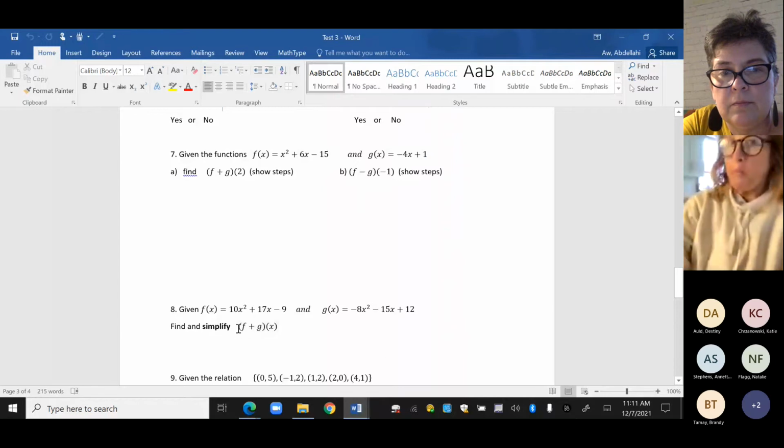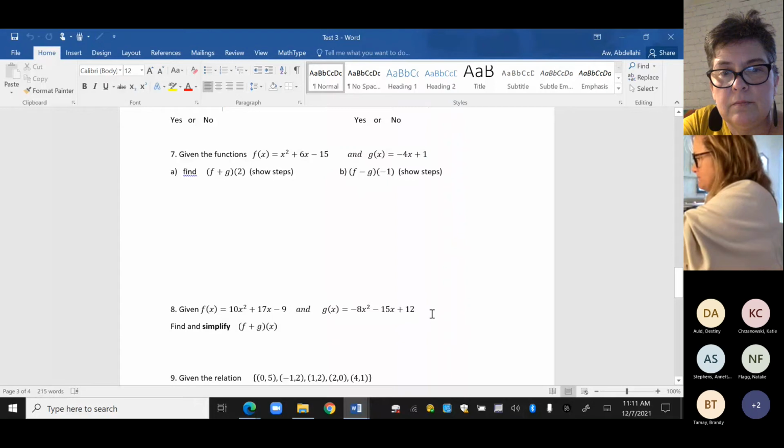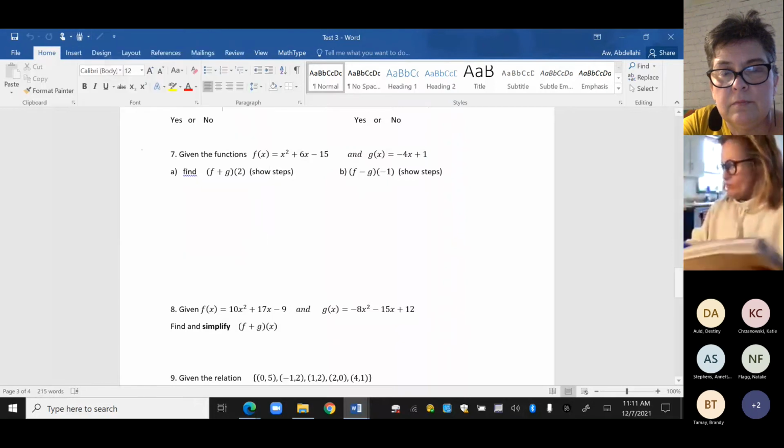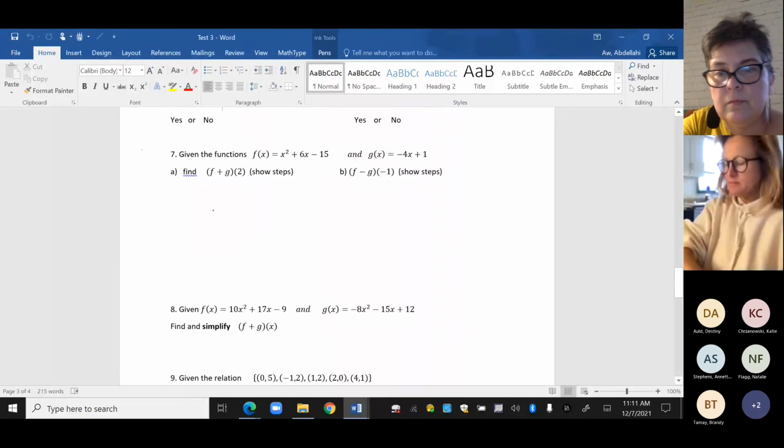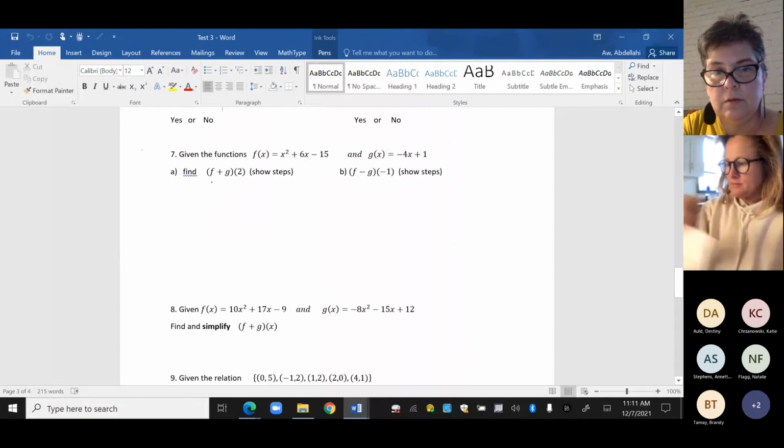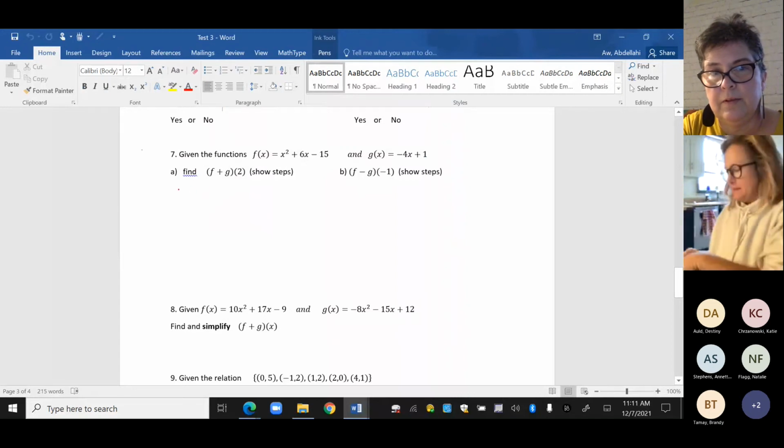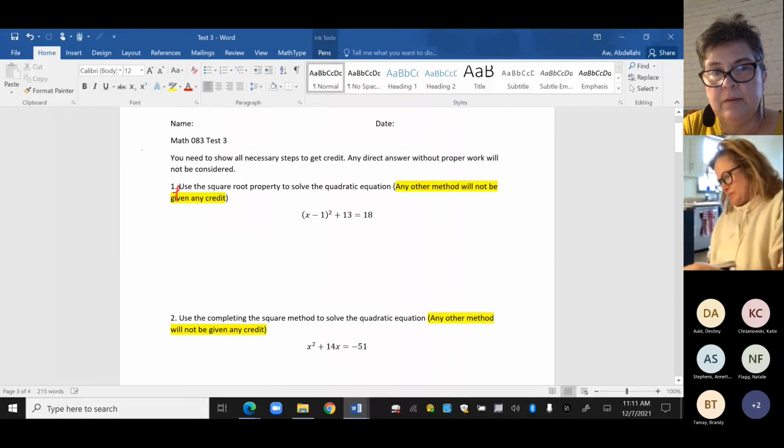Same thing here, f plus g of x. I saw that over and over, and this disappointed me a little bit.